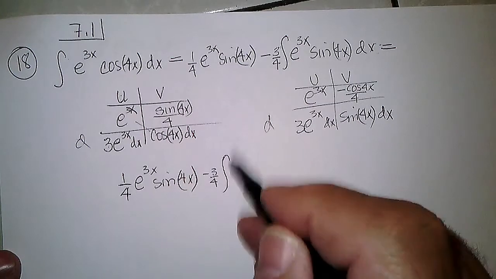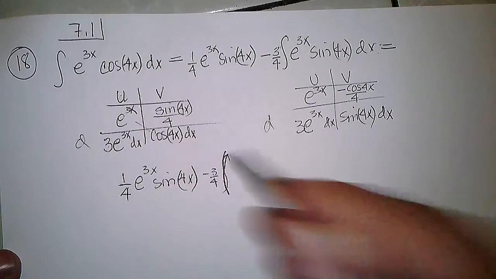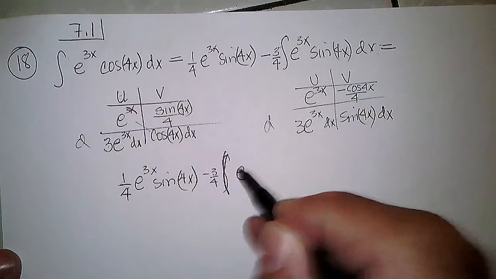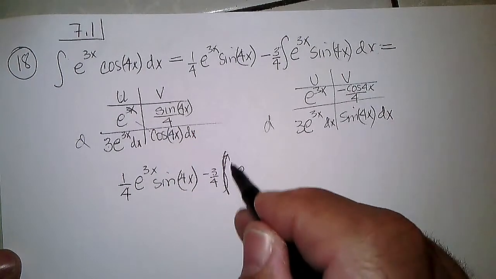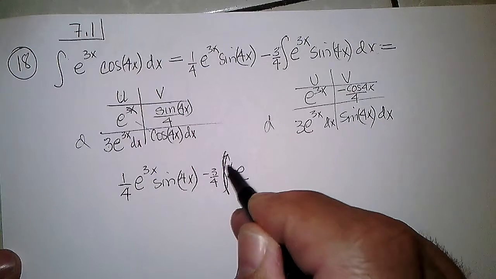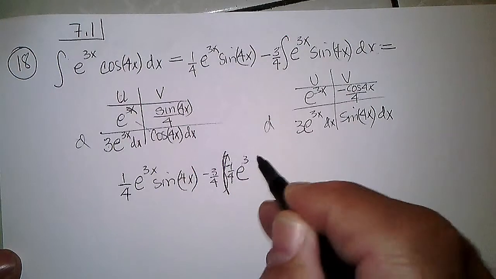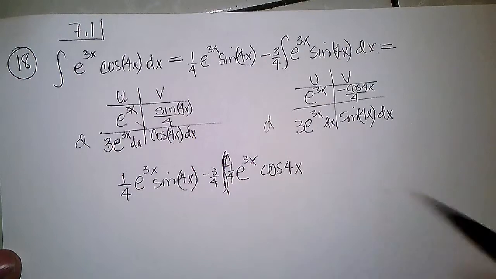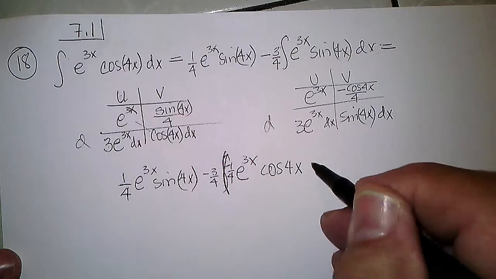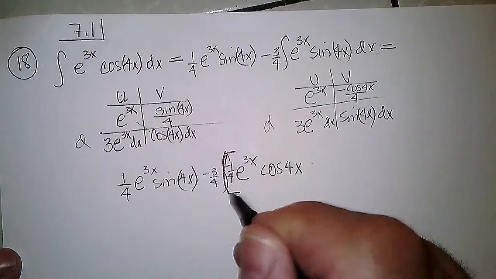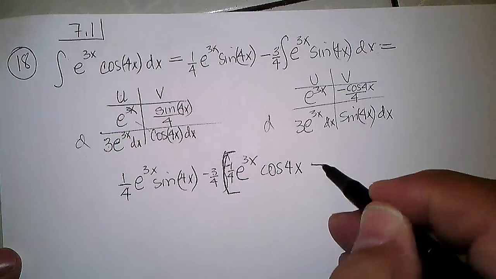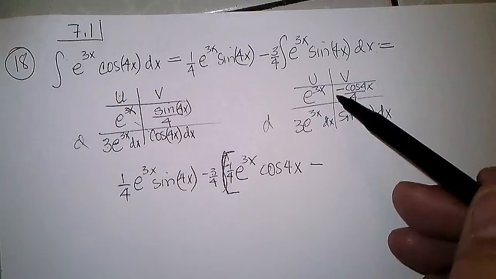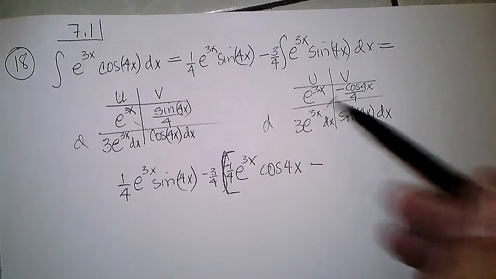integral, parenthesis, uv, e minus 1/4 e to the 3x cosine 4x minus, and then we're going to have the ones we didn't create or start with.